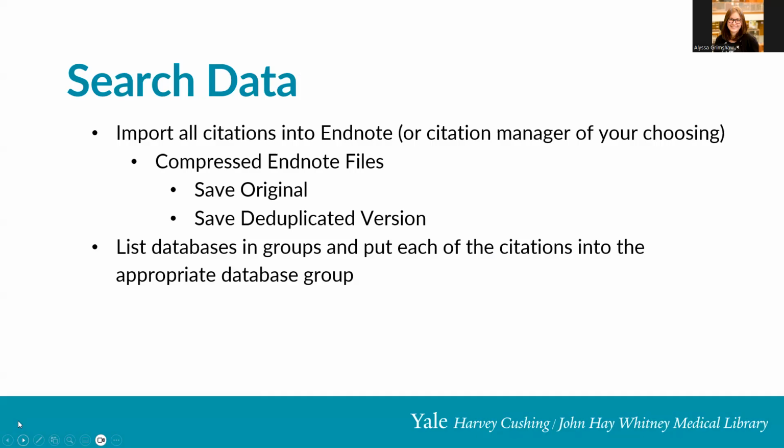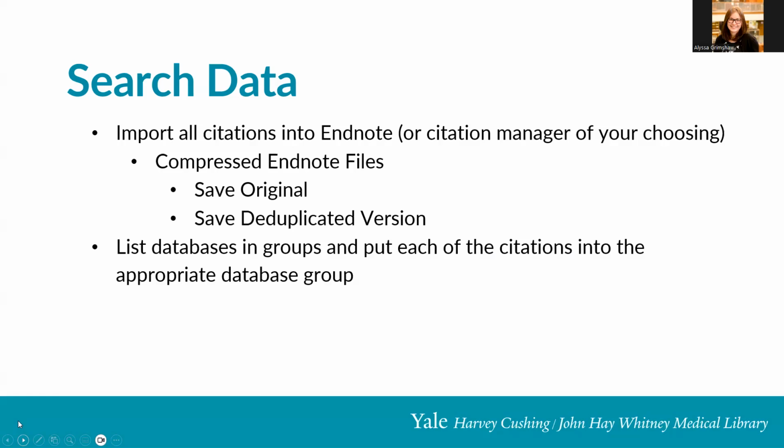And what I do for EndNote is I create a database group for every database, and I put the citations into an appropriate database group depending on what database they came in from. This helps me determine later if we get the question of why didn't this citation come in from the search.